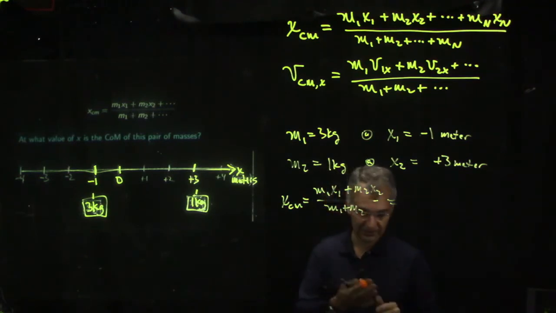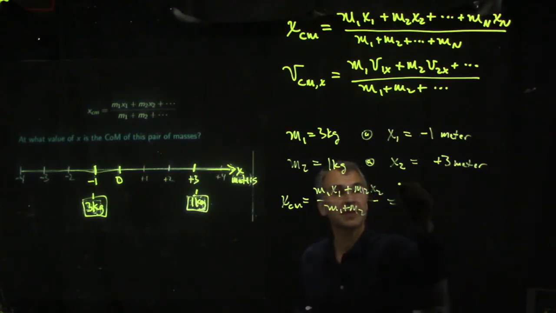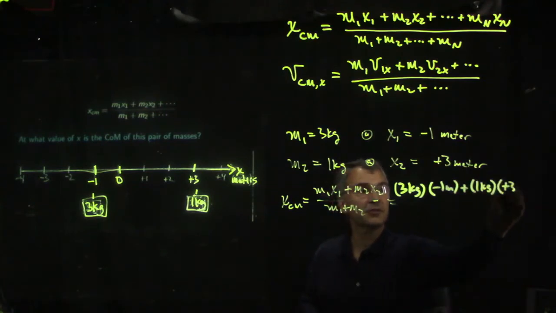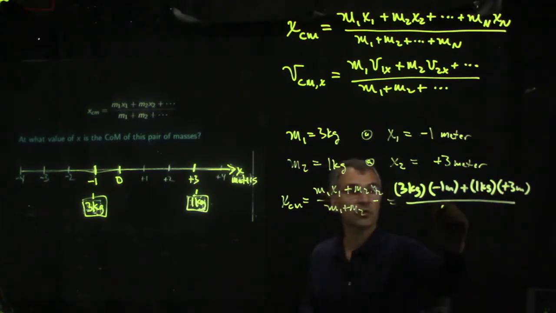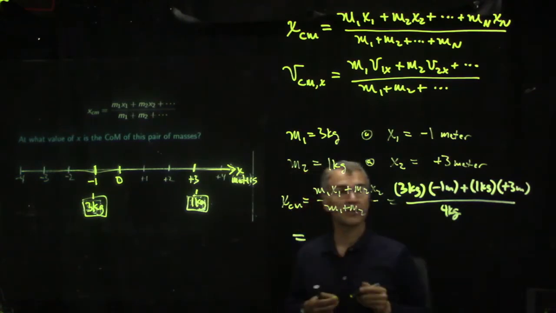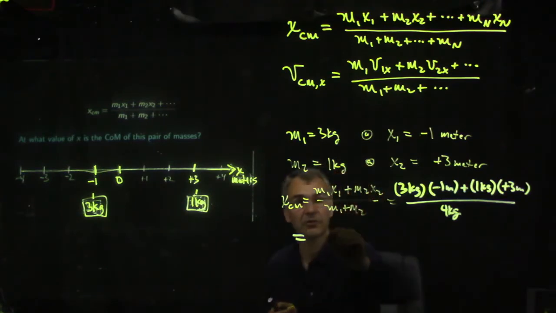And that is 3 kilograms times minus 1 meter plus 1 kilogram times plus 3 meters divided by the sum of the two masses, which is 4 kilograms. And that equals, so that's minus 3, and plus 3, it's 0. Okay, so it is 0 meters.